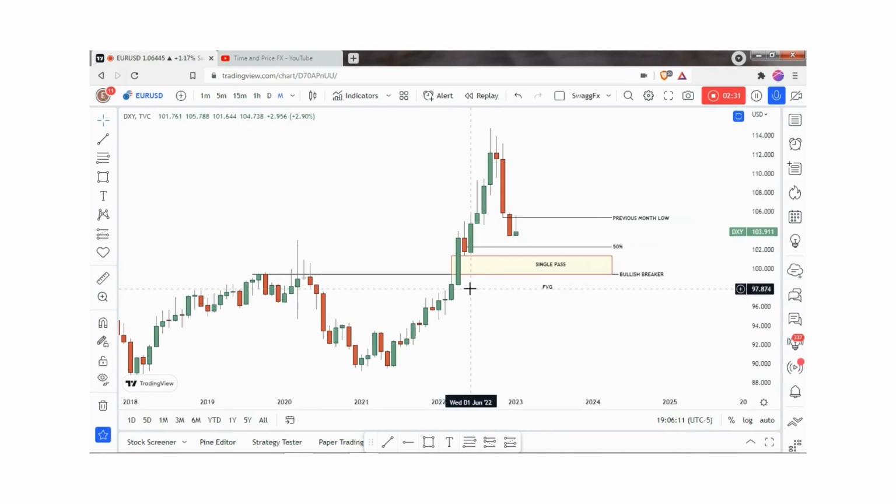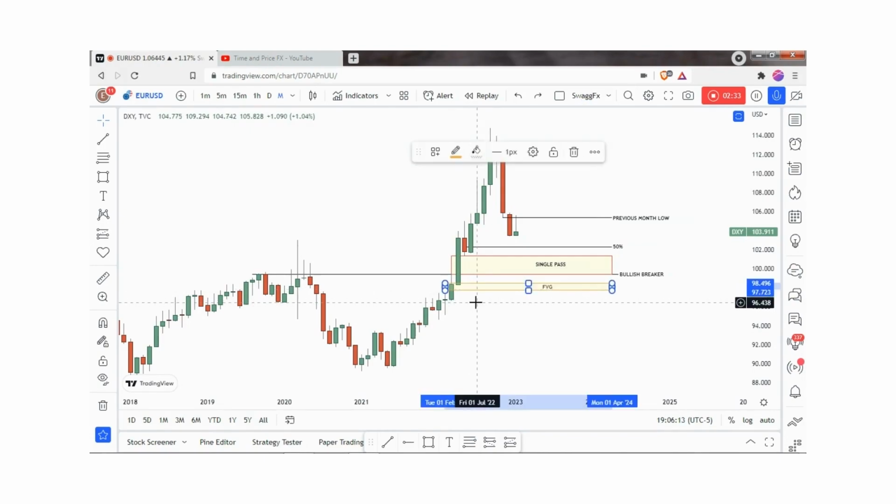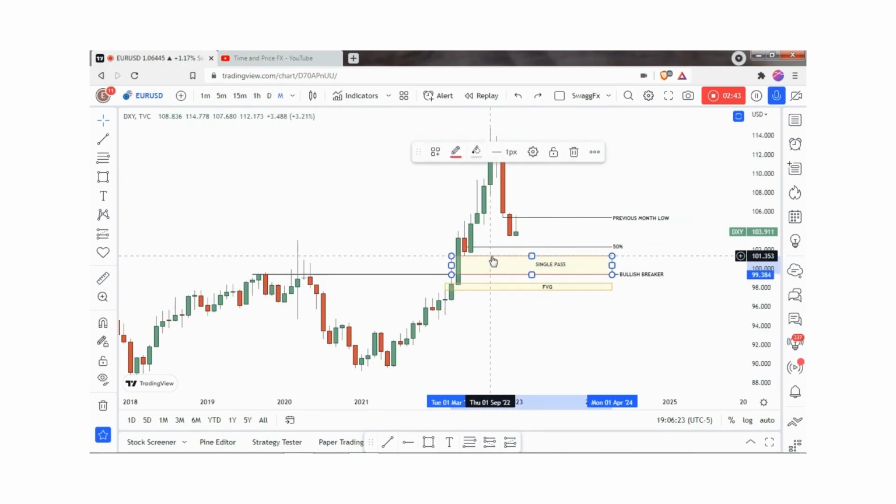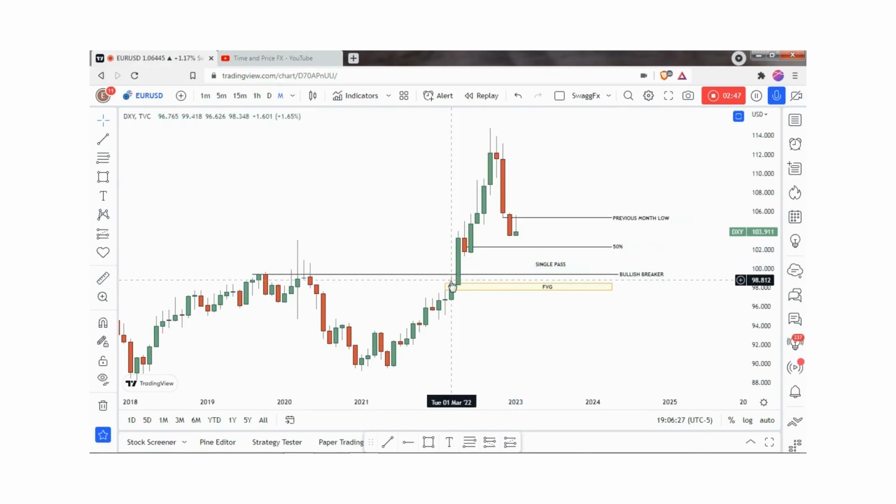So let's put that back in. That is the fair value gap again, and then I've also marked out this area here as a single pass. Let me take it out again so that you can see what I'm talking about. Between this candle's high and this candle's low, we have no candles closing in this range, no full body candles, not just wicks.